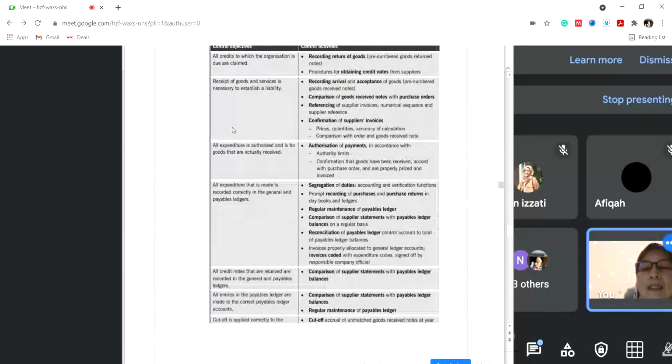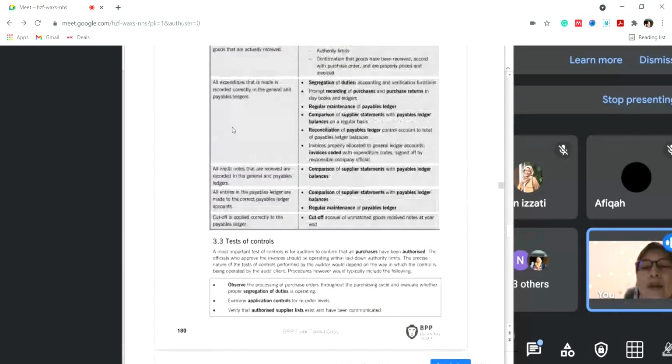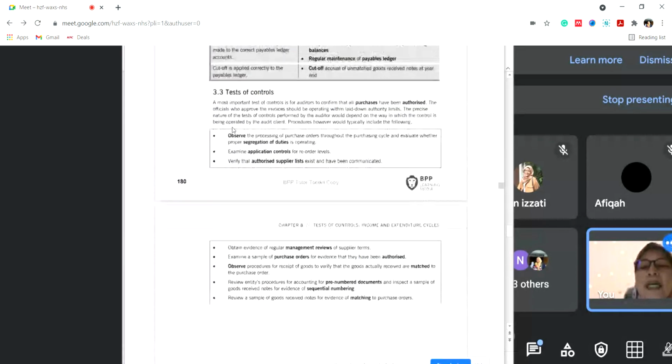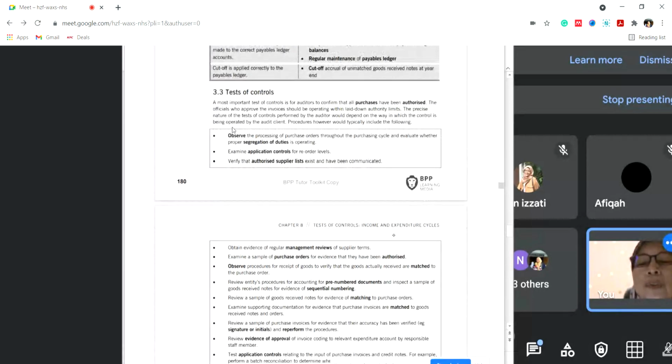Banyaklah, okay. So baca and then how you perform the test of control. When you perform the test of control, if you want to check on the segregation of duties, you have to observe. If you want to perform the application control, application control is using the software, so you have to examine.